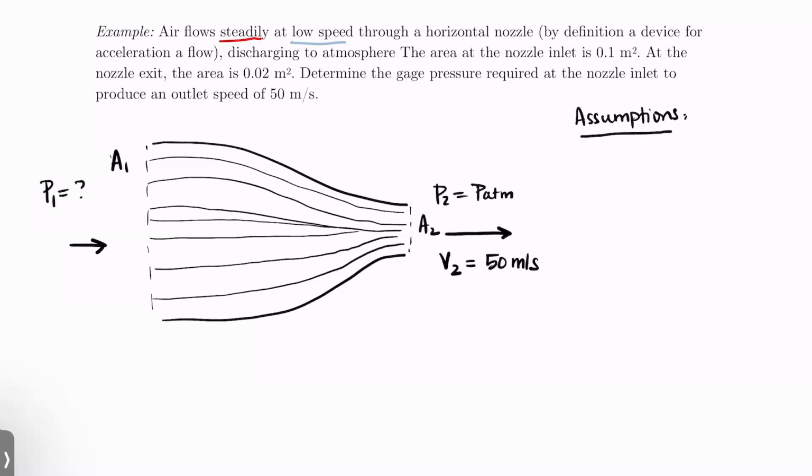Okay, great. All right, so let's write down our assumptions. So we already have steady, which is given to us in the problem statement. We have low speed, so I'm going to assume this is laminar or frictionless. We're going to also make the assumption that this is incompressible, but we'll have to go back and check. And then we also want to make an assumption that we can use a streamline, right?